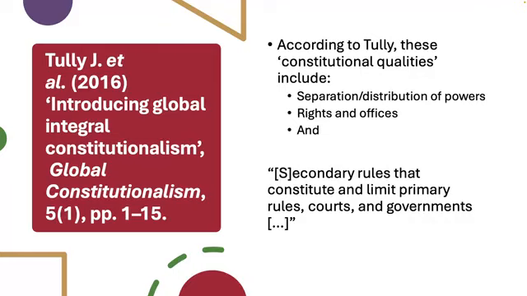So there's quite a lot that we can think about in trying to identify ideas of constitutionalism within the international relations sphere or the international legal sphere. So we can see that there are various different ways in which we can emphasize that.